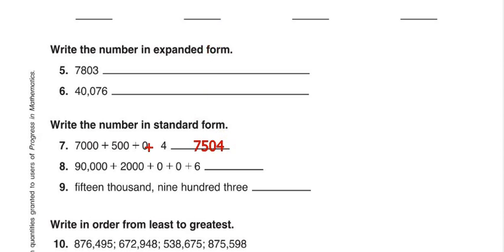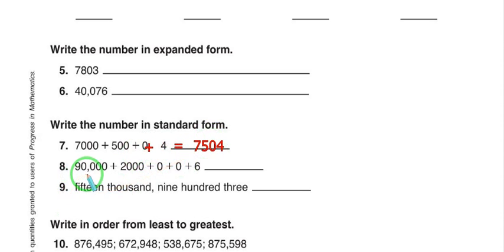Okay, and don't forget to write equal. So this number is the standard form of this expanded form. They are the same. This is the same number written in two ways. The first one is the expanded form. The second one is the standard form.